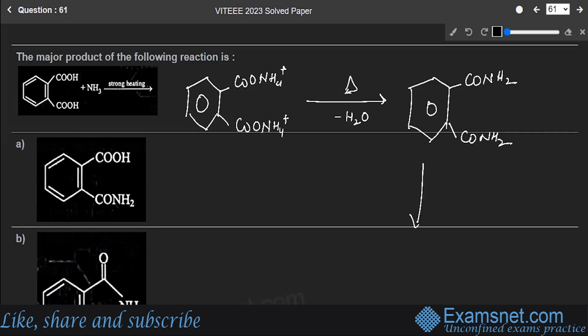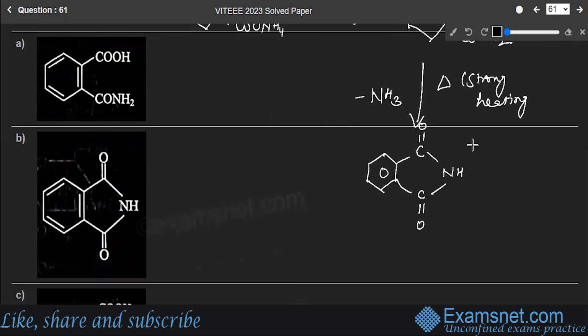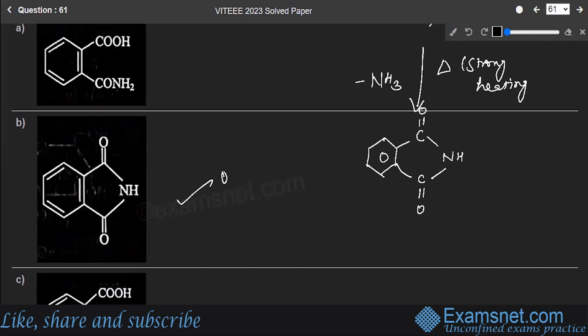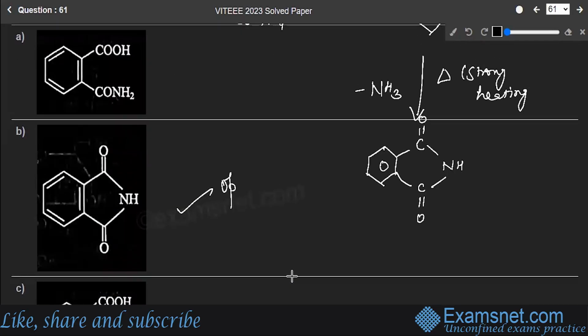Again on strong heating, ammonia will be released and you will get a cyclic imide, C(=O)NHC(=O). So that makes option B. Let's check the other ones also. Right, option B is the correct answer to the question.